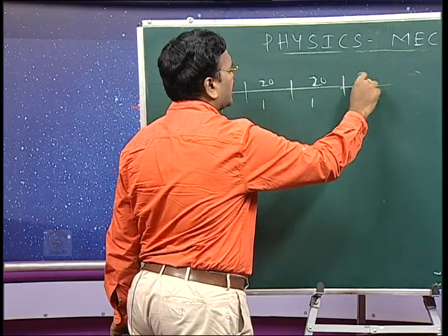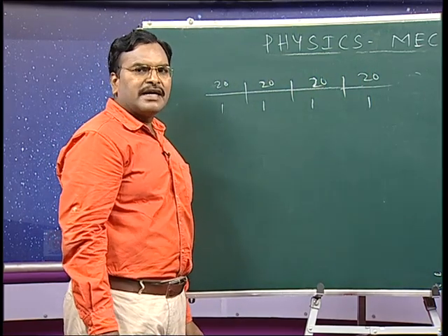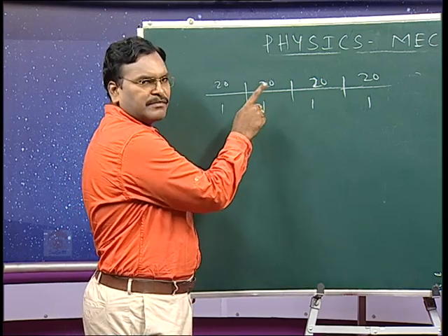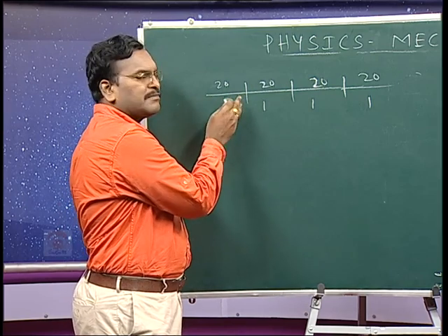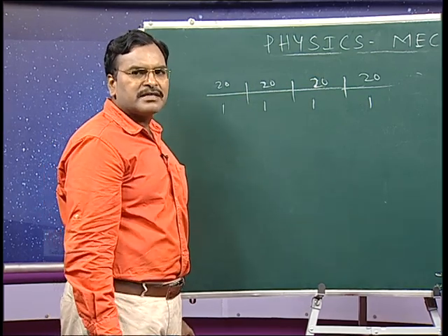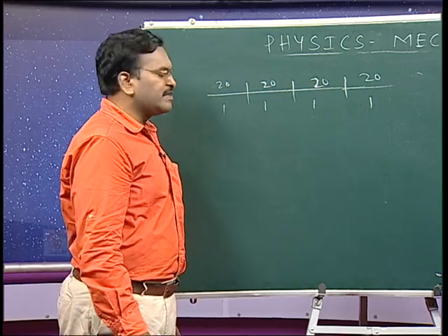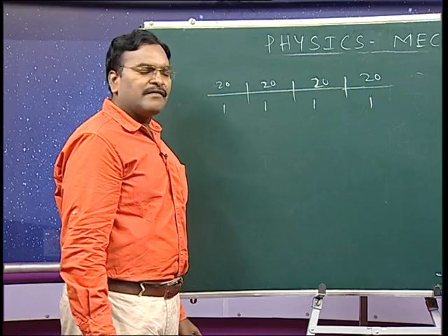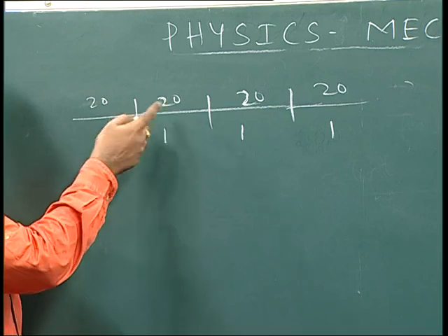If a body covers equal distances in equal intervals of time, the body is said to be moving with uniform speed. In the same way, if a body covers equal displacements in equal intervals of time, the body is said to be moving with uniform velocity.